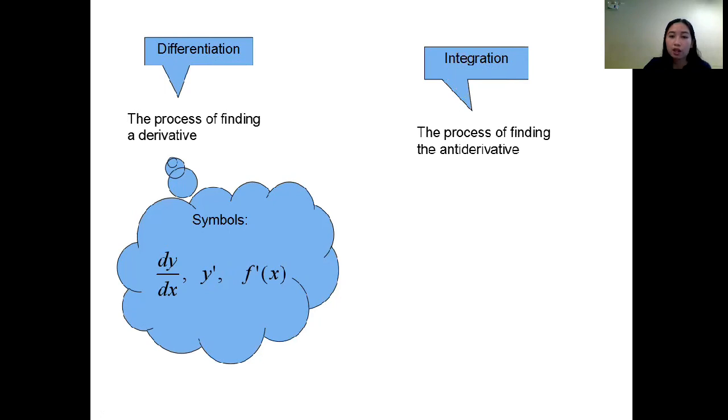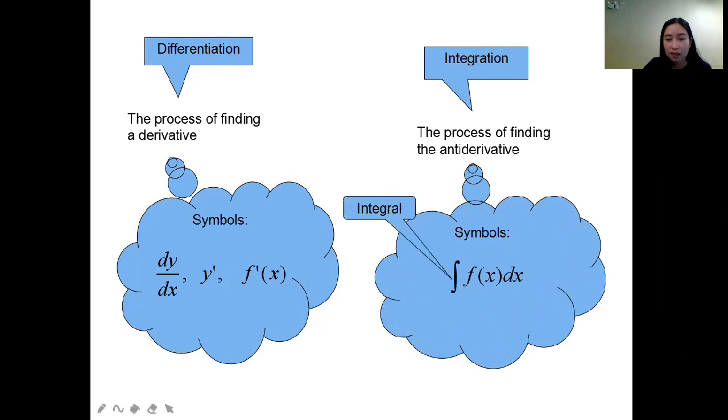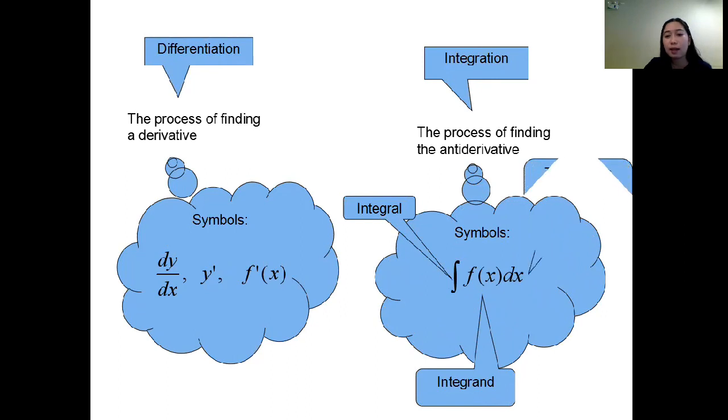For integration, the process of finding the antiderivative, we have the integral sign, then f of x dx. So this is the integral sign, the integrand, or the function that is going to be integrated, and dx will tell us the variable of integration.